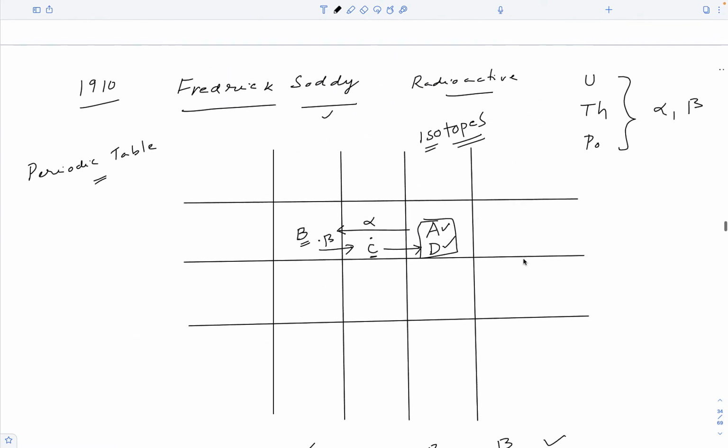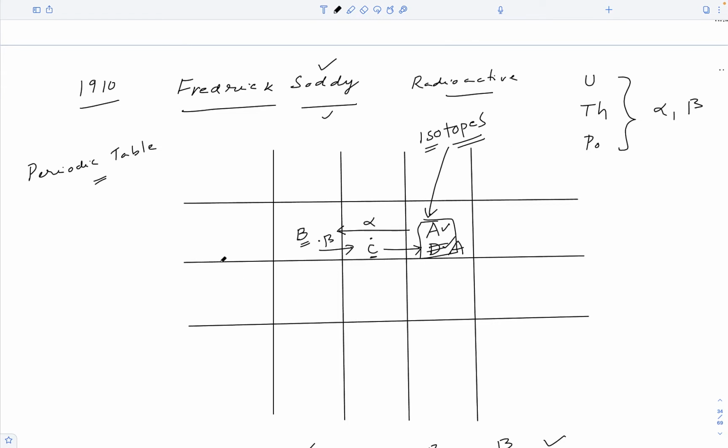Therefore, A and D are not two different elements as Soddy originally thought. They are atoms of the same element A with different masses. So that is what isotopes are. Isotopes are atoms of the same element with different masses.